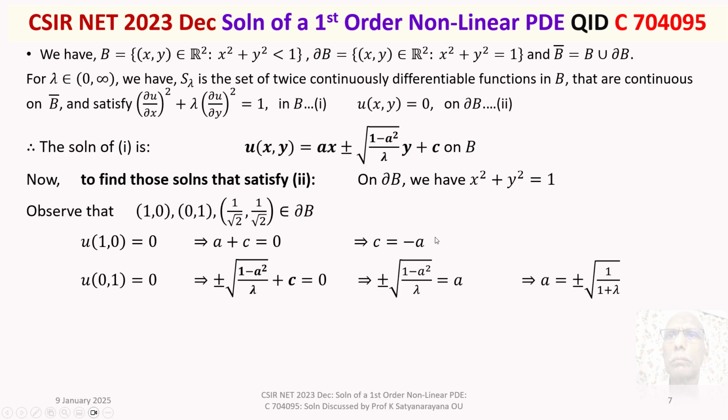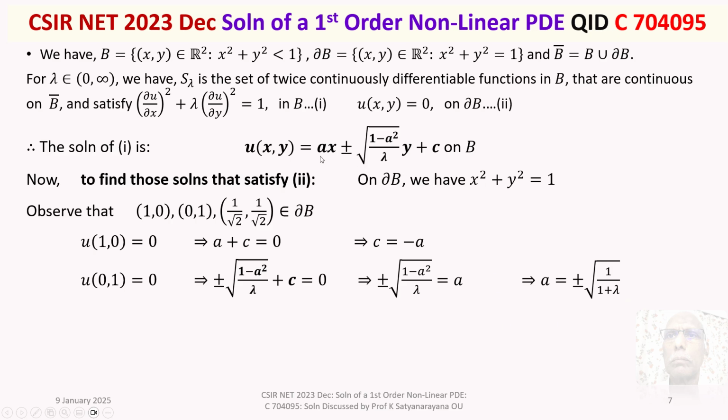For c, you substitute minus a. Then you will get plus or minus under the square root of 1 minus a square by lambda is a. And solving for a, squaring and solving for a, we will get plus or minus under the square root of 1 by 1 plus lambda.